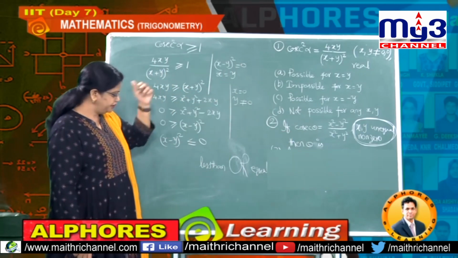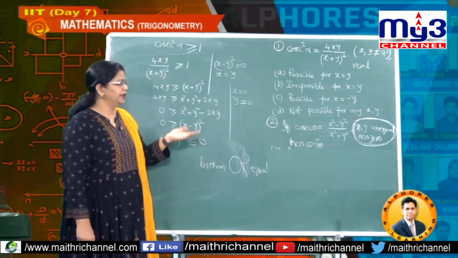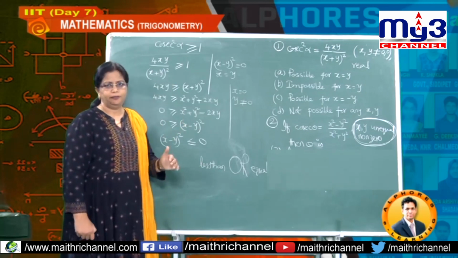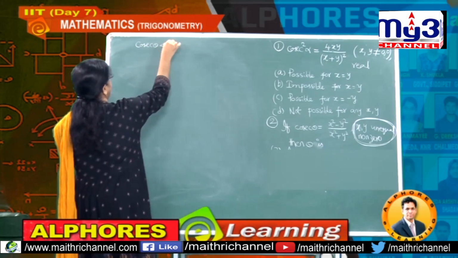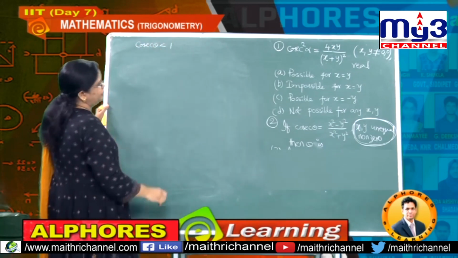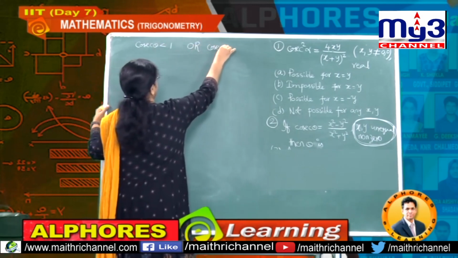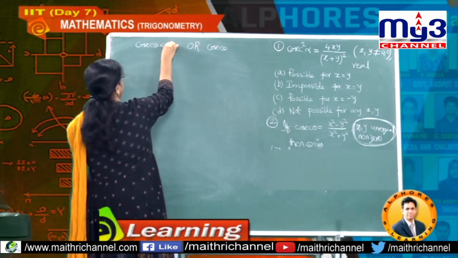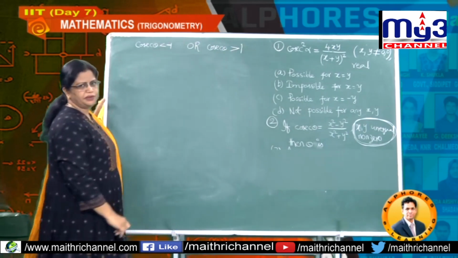The entire value of cosecant theta: first we start with less than minus 1, and the other one is greater than 1. Let us start with cosecant theta less than minus 1. First I am taking this. Okay. What is the other one here? Or cosecant theta greater than 1. Okay students.